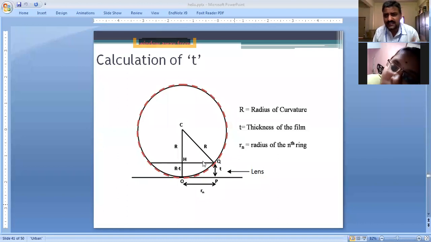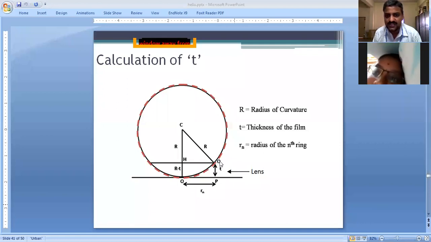So actually the diagram got flipped. Earlier I had shown this T on the left hand side this way, and the light ray was falling this way, but here for convenience I have changed it. You can draw it the other side also. Okay, so here, if you take the lens at a particular point where the thickness is T, the notation is slightly different. Here I'm using Q and P. I'll be following this only.